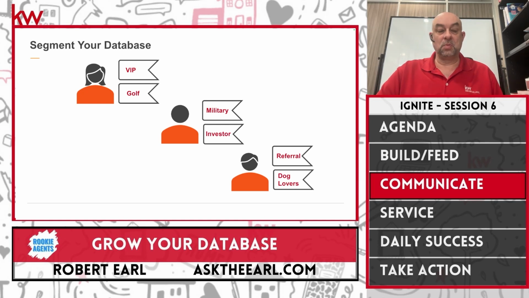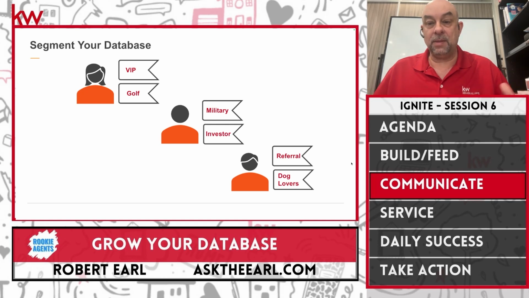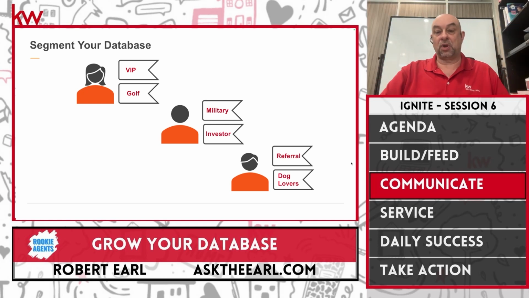And so those are some ways that it will help you to systematically communicate versus just taking what might be considered a shotgun approach of giving them information that could be considered spam.